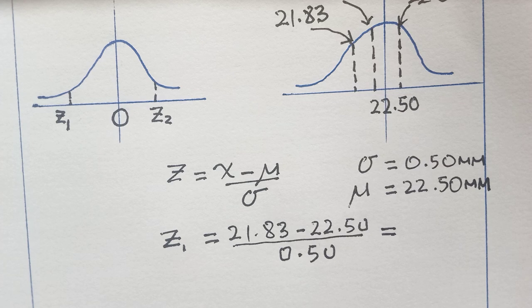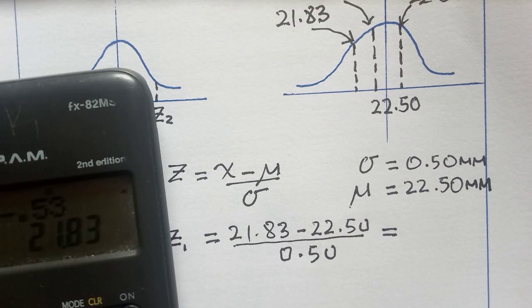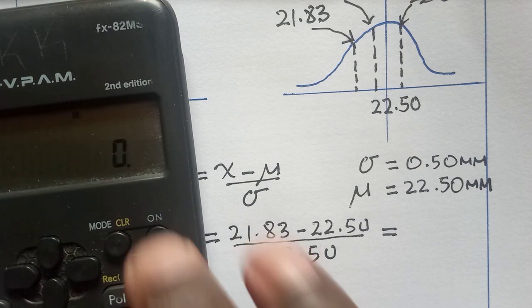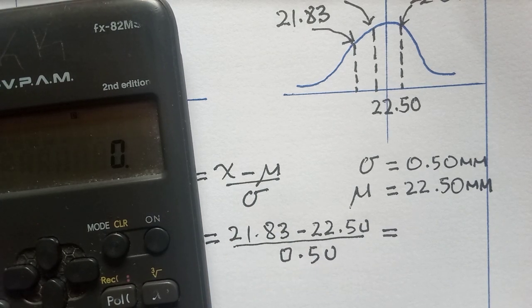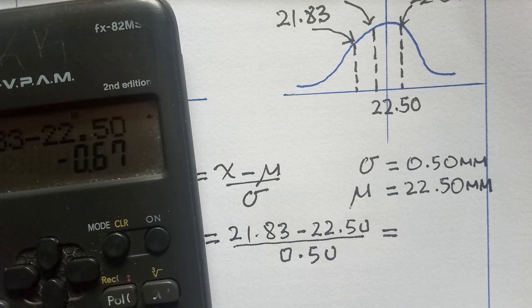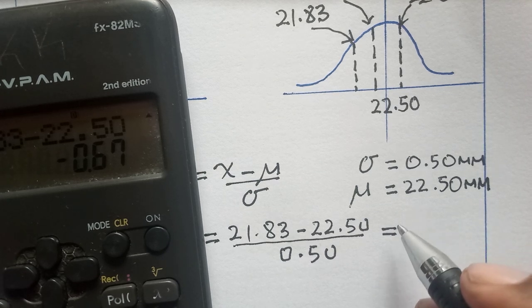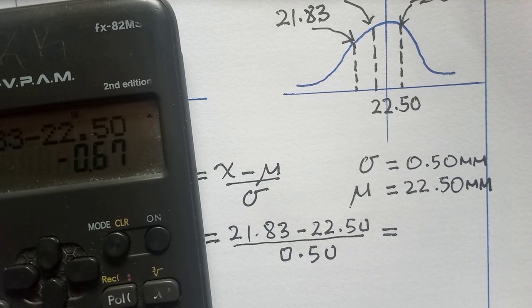Using the calculator, 21.83 minus 22.50 is negative 0.67, now divided by 0.5.